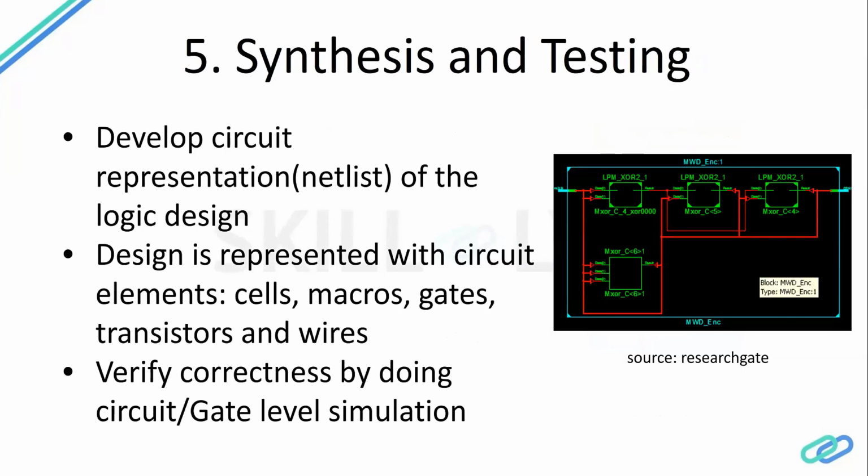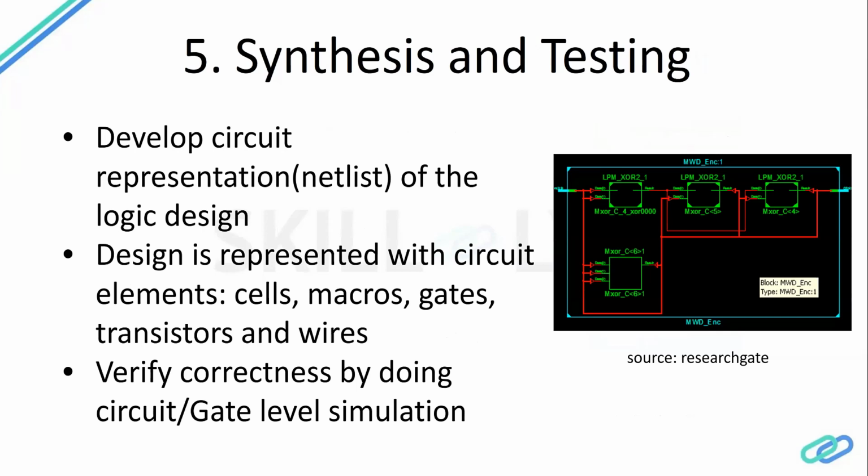Okay. So the next step after you define your RTL using the HDL is the synthesis and testing part. In this step, the design, which is in the form of an HDL, gets represented in the form of a circuit or a netlist. There are different elements which can be transistors or wires or cells, standard cells.